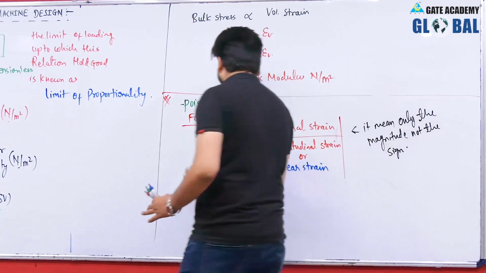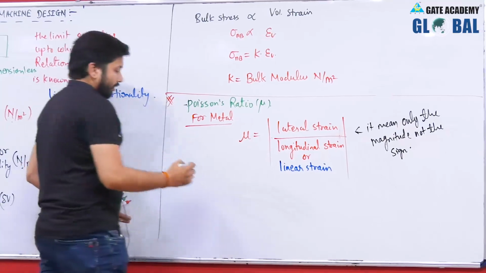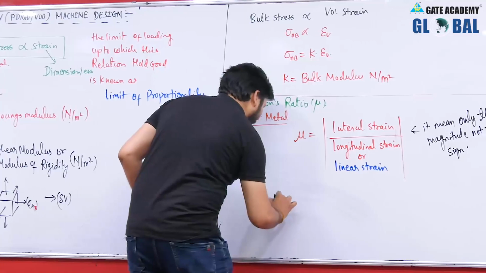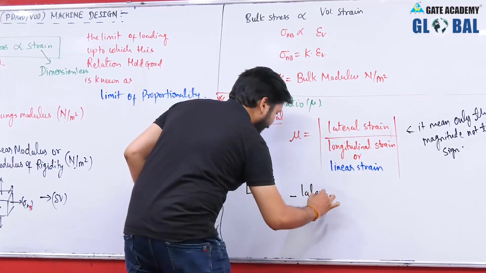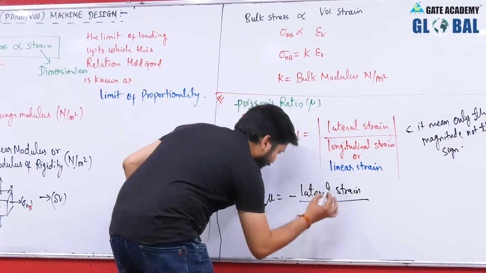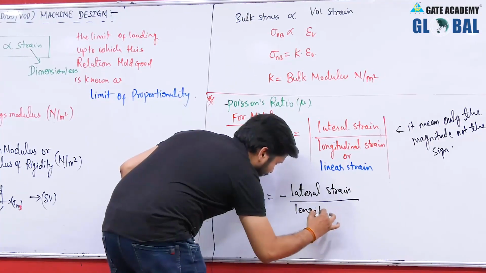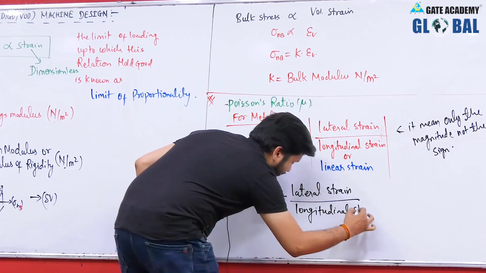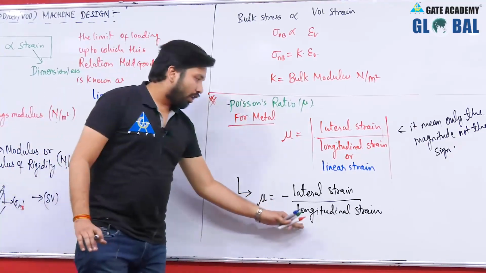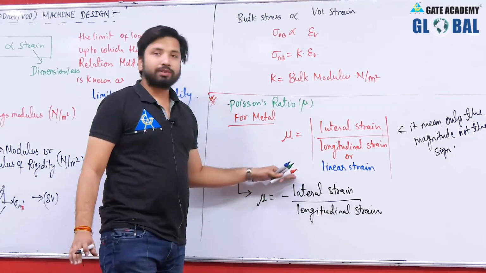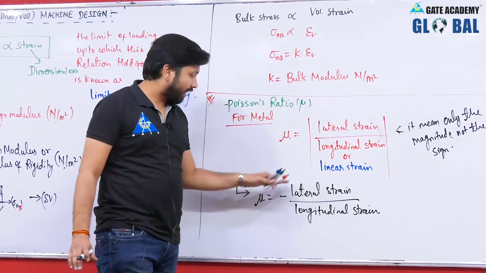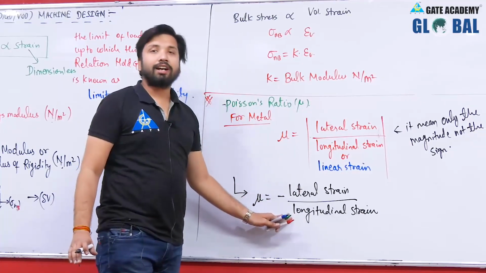So, if you want to write the standard formula for the Poisson's ratio, then it will be minus lateral strain divided by longitudinal strain. And in most of the materials, the longitudinal strain will be opposite to the lateral strain in direction. Hence, this negative sign is showing that the lateral and longitudinal strain are generally opposite to each other.